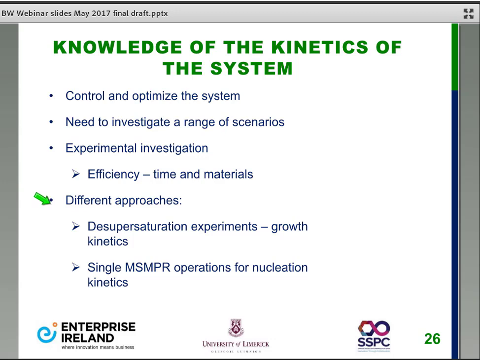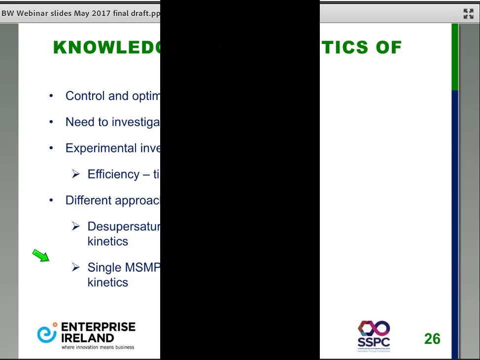And if you're lucky enough to have your growth and nucleation kinetics, you might have a very straightforward time designing your continuous crystallizer. So we had to do desupersaturation experiments to get our growth kinetics, and then we did some single MSMPR operations to get our nucleation kinetics.